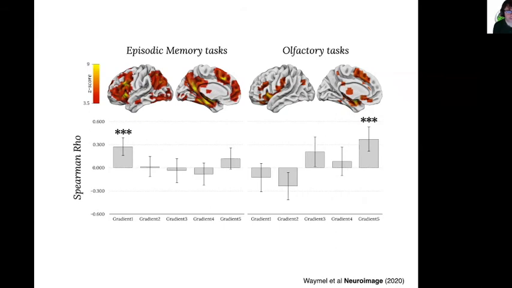So you really see how you get here two gradients that seem to match a theory of the dual origin. Then the question is to explore the functional role of gradients 2, 3, and 4. Gradient 2 is really visual, but its origin is kind of unknown, and 3 and 4 remain to be investigated.